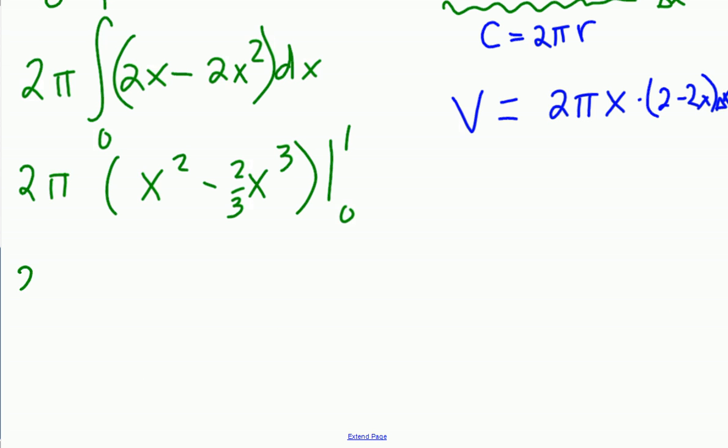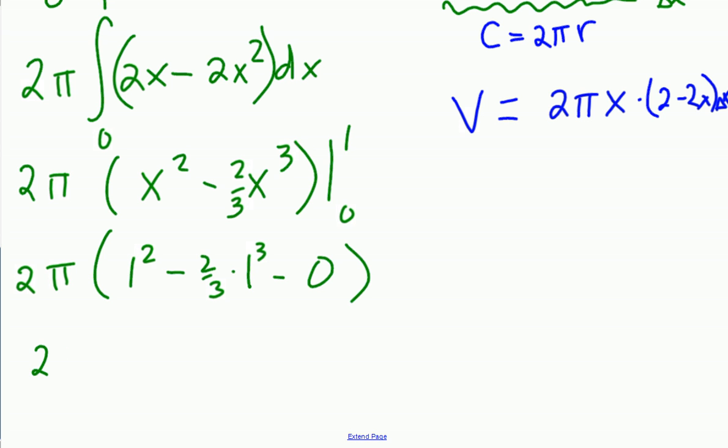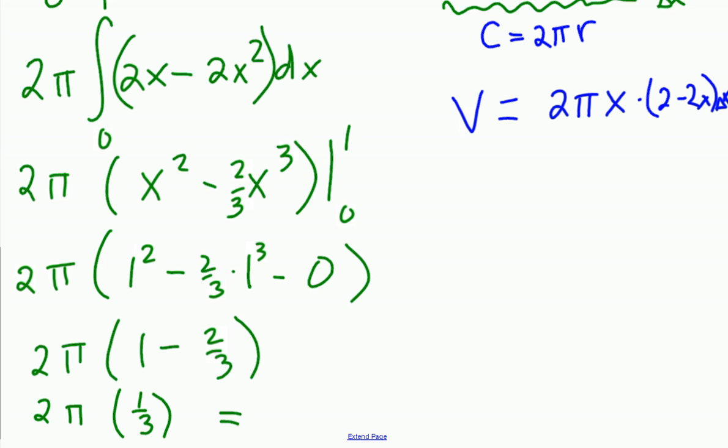And so I have 2 pi times 1 squared minus 2/3 times 1 cubed, and then minus 0. So I have 1 minus 2/3, and we all know 1 is 3/3. So 3/3 minus 2/3 is 1/3, and we have 2 pi over 3.